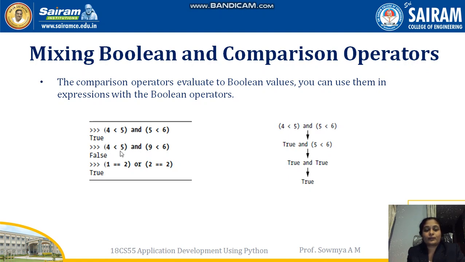If you take this, 4 is less than 5, True, 9 is less than 6, False, True and False is False. 1 equal to 2, False, or 2 equal to 2, it's True, then False or True is True.